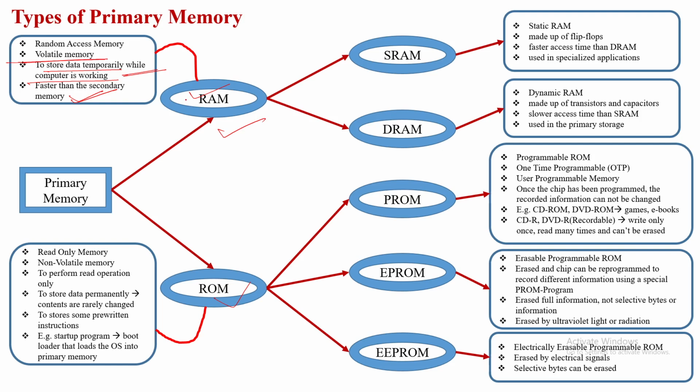Why is it faster? Because every data is loaded into the primary memory itself, and from here the result is generated very easily. Just like when you go to school, you have a school bag, right? In this school bag, you have some books, and some books are in your room.